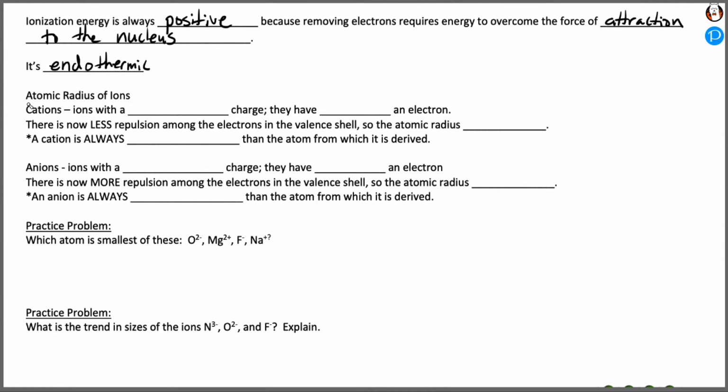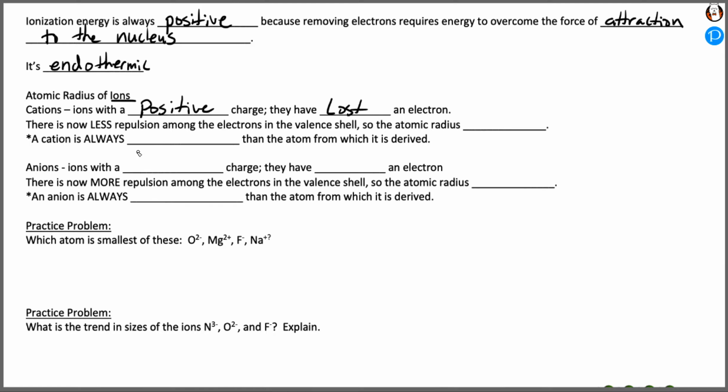All right, so let's talk about now the size of ions. Remember, ions are when we either gain or lose electrons. Cations, which remember are ions with a positive charge, have lost an electron.